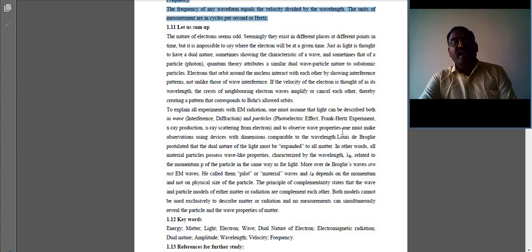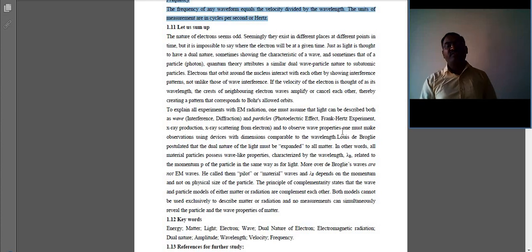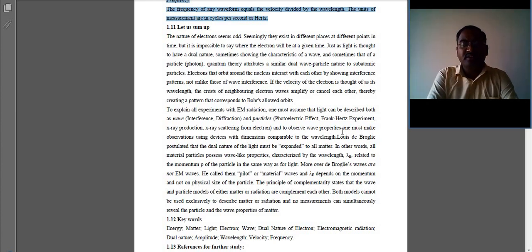Just as light is said to have a dual nature, sometimes showing the characteristics of a wave and sometimes that of a particle, quantum theory attributes a similar wave-particle nature to subatomic particles.